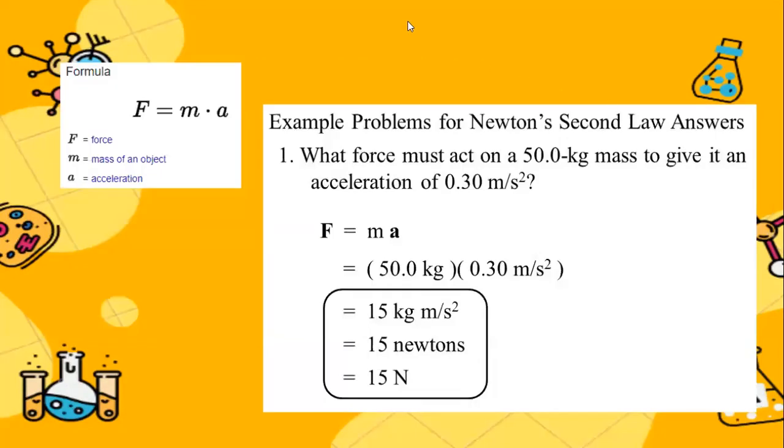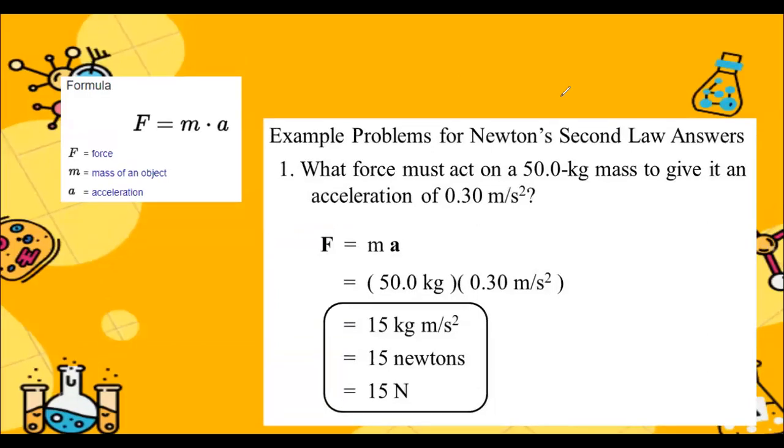Now we have an example problem in solving Newton's law of motion, the law of acceleration. We have our formula: acceleration equals force over mass. If a quantity is missing, you can use this triangle. Write A for acceleration, F for force, and M for mass.